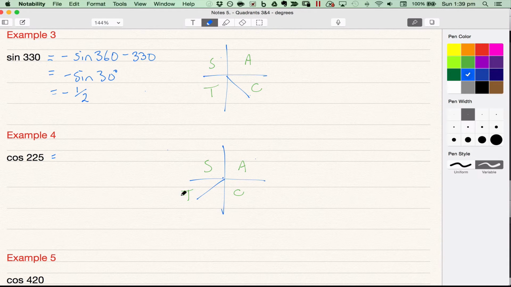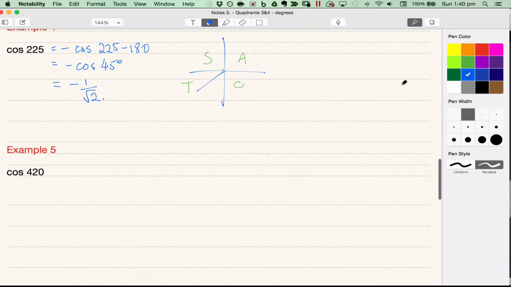This is cos, only tan is positive, so this is going to be negative cos of 225 minus 180. Negative cos of 45. And if you use your tables, you'll find that equals negative 1 over root 2.